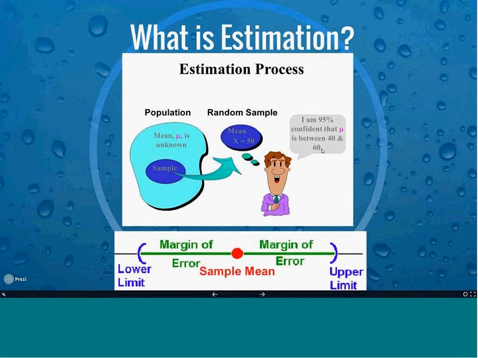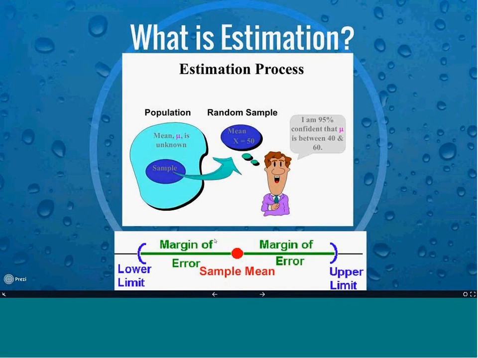Plus 10 gives the upper limit of 60. Minus 10 gives the lower limit of 40. So it's more correct, there is some room for you to haggle. The upper limit and lower limit with the sample mean in between, this is what we call interval estimation.